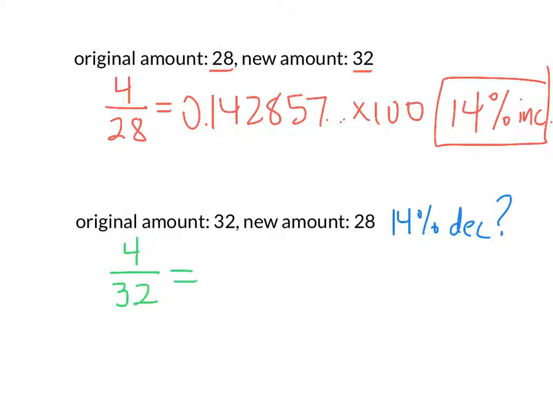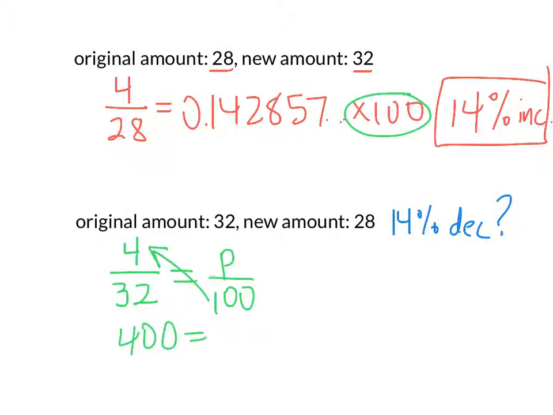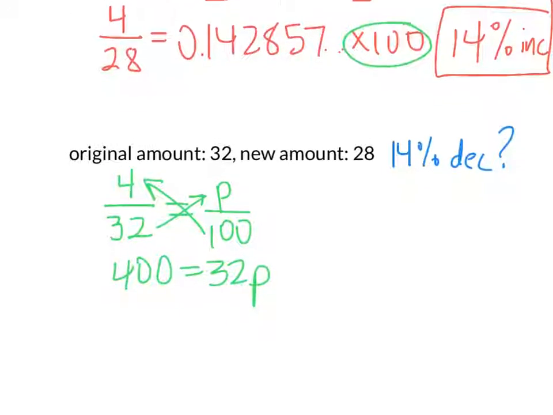And this one I'm going to go ahead and do as a proportion, just to show you that it works the same way, except instead of multiplying by 100 here, I'm going to multiply by 100 here. So 400 equals 32p. And I don't know why I chose p, I guess for percent.